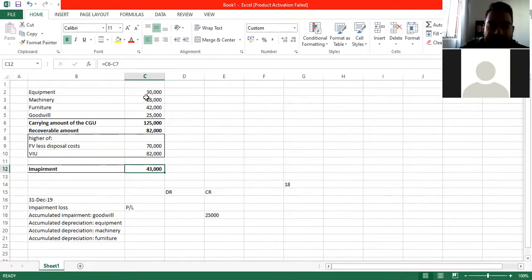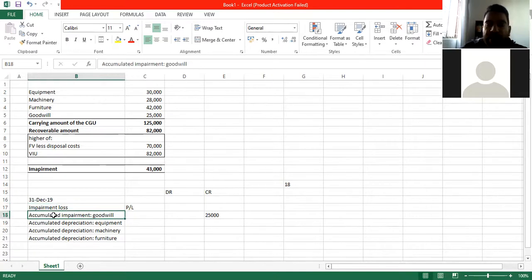You won't take it against any other asset because the full amount first goes against goodwill. That is the rule. Impairment is first written against goodwill. So if the full amount goes against goodwill only, you would only have debit impairment loss, credit accumulated impairment, goodwill.